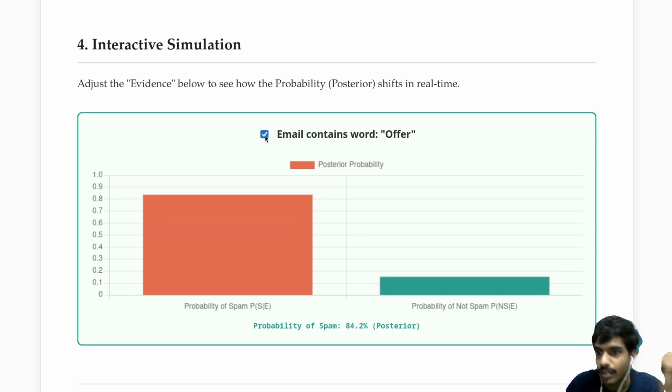See, I click on email contains offer and boom, the algorithm updates instantly. The spam probability jumps to 84%. So this is exactly how a Naive Bayes classifier works in the real world, updating probabilities as every new word is found. So by using Bayes' theorem, we turned a guess into a mathematical certainty.